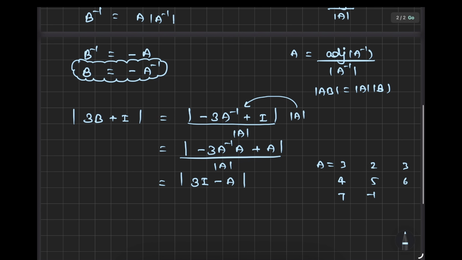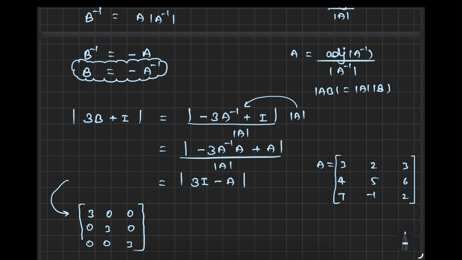So 3 6 2. Okay, so this is your thing. Now look at this. You know that we will calculate from here. So 3I is what? 3 0 0, 0 3 0, 0 0 3.